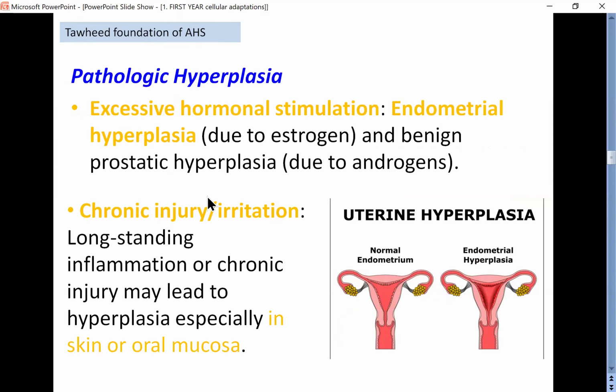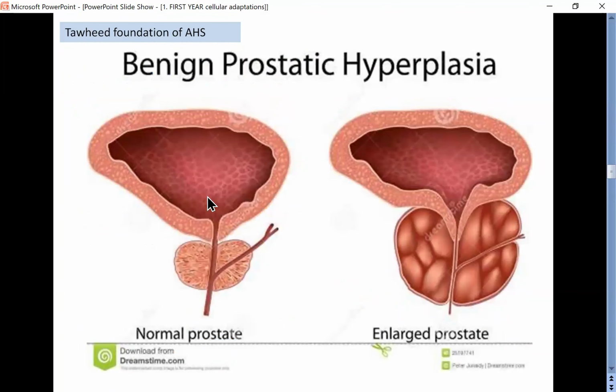So we have finished hyperplasia and hypertrophy. Hypertrophy means increase in size, and hyperplasia means increase in the number of cells. Here you can see the normal prostatic gland, and in a 60-year-old male, an enlarged prostate, where this condition is BPH, benign prostatic hyperplasia.